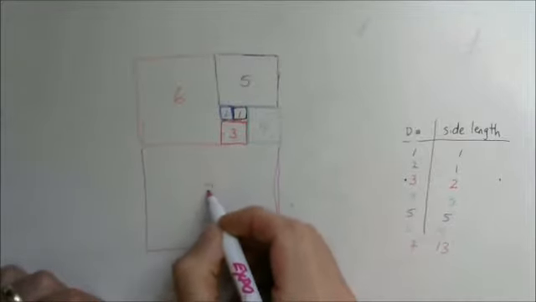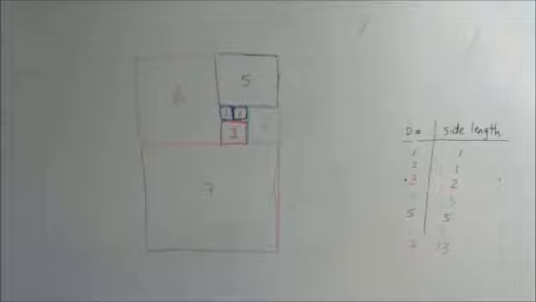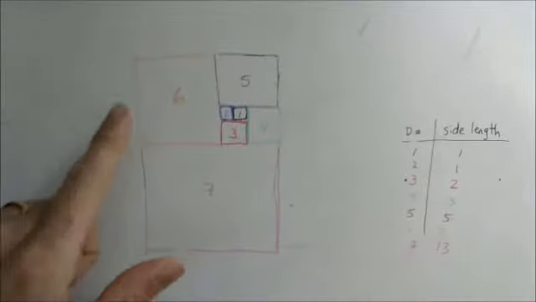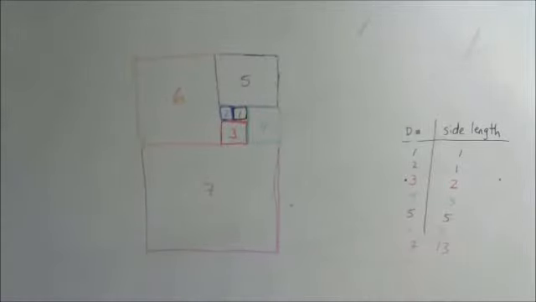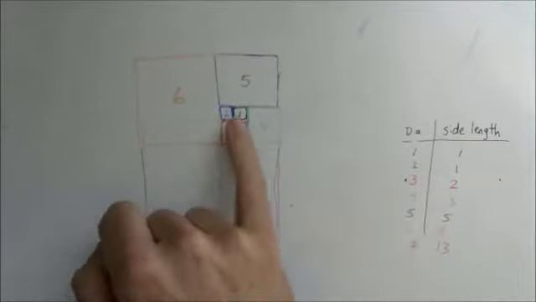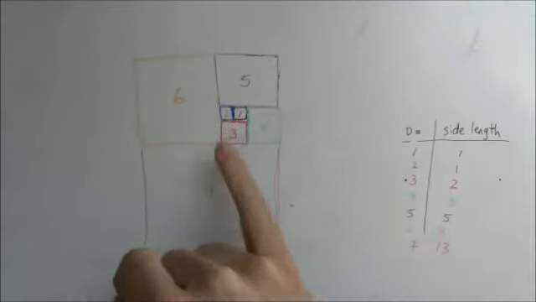And this is diagram 7 with side length 13. Now you can see this is a growing pattern. It would be difficult to get the side length of your 7th diagram based on any kind of direct explicit function, but you can get it based on the previous diagrams.